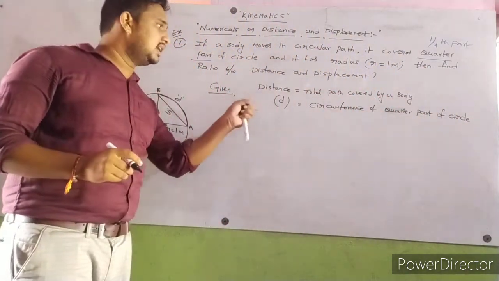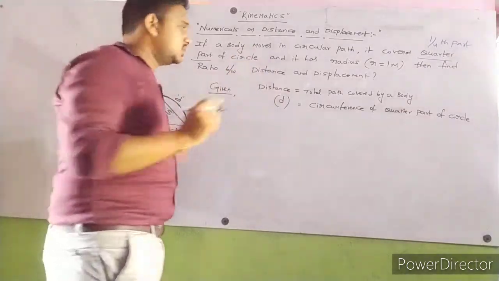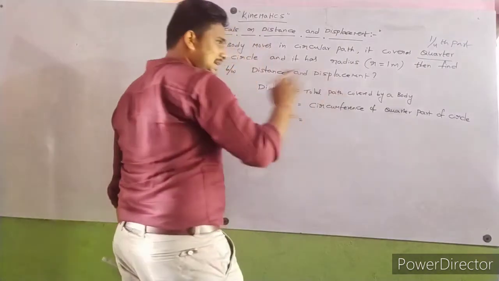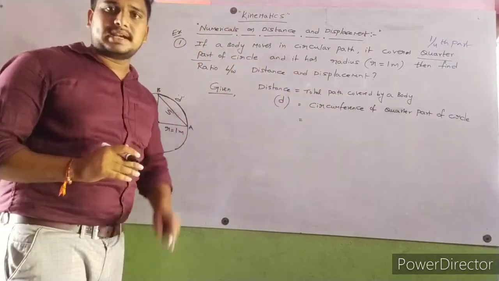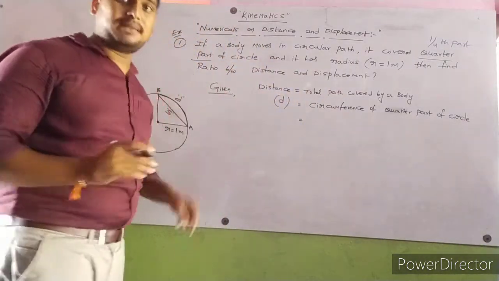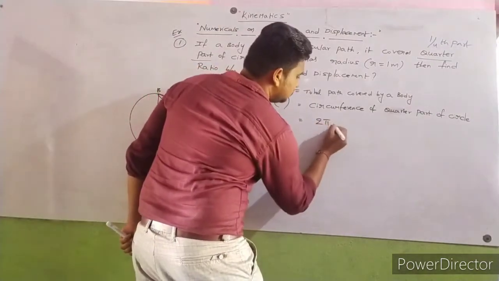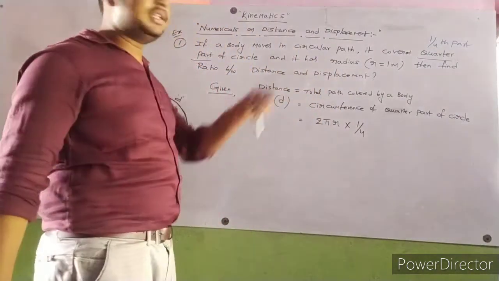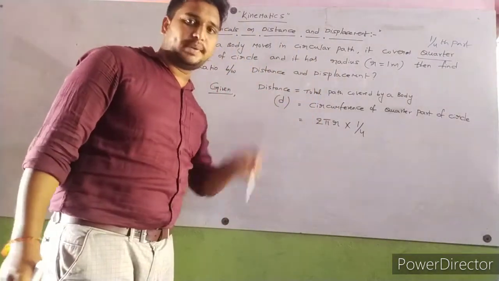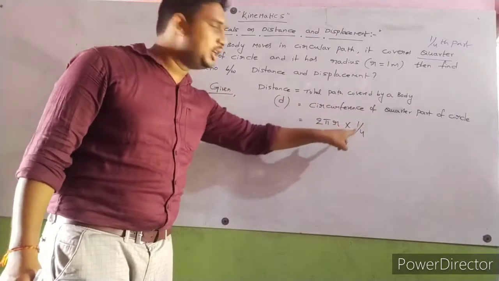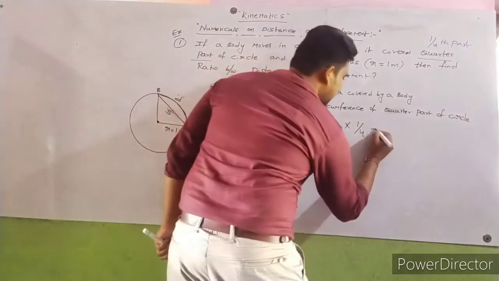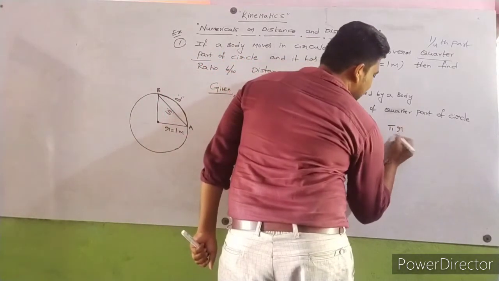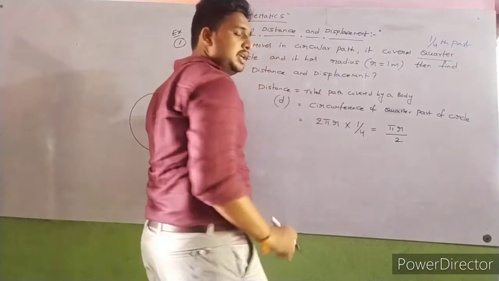For a full circle, the circumference is 2 pi r. For a quarter part, it is 1 by 4 into 2 pi r, because quarter means 1 by 4. Finally we got 2 times, and the result is pi r by 2.